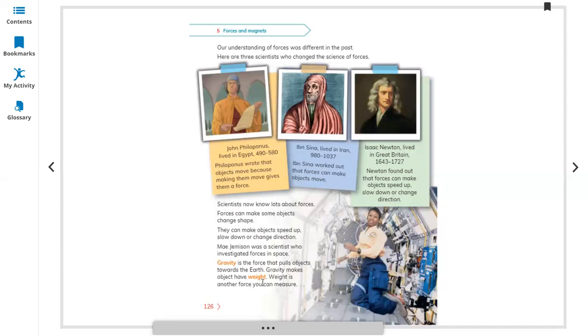For example, if your weight on the Earth is about 40 or 50 kg, in space it is not the same, because on the Earth gravity pulls you downward, but in space there is no gravity, so your weight is less compared to the Earth. Weight is another force you can measure.